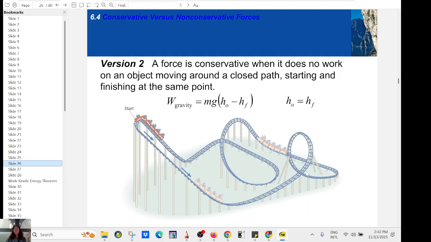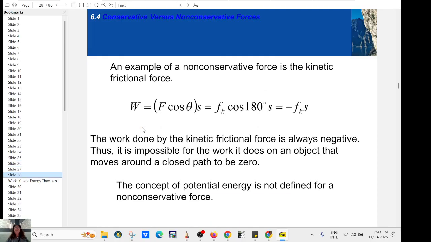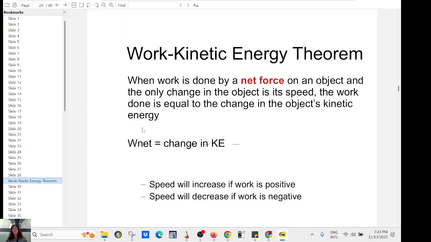At the end, the work done by friction will be equal to the force of friction times this path, all this distance. So friction is said to be non-conservative. It's lost. Bye bye. You don't get it back.